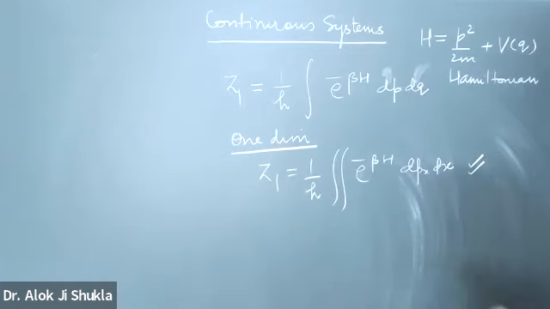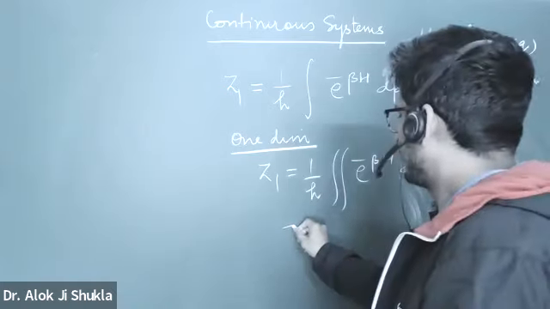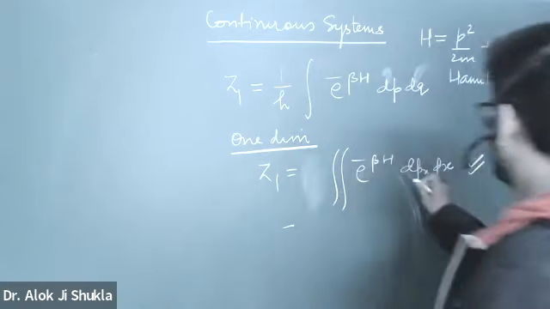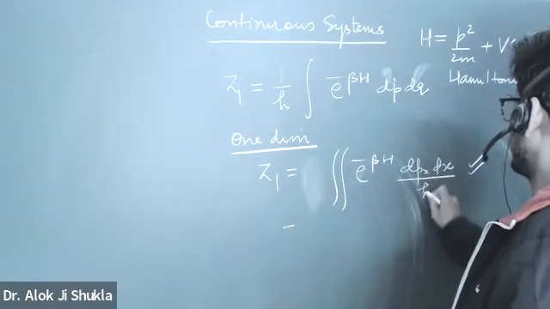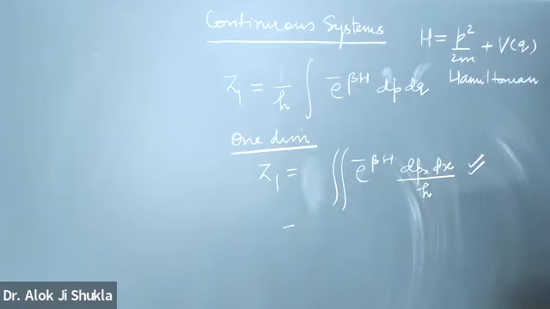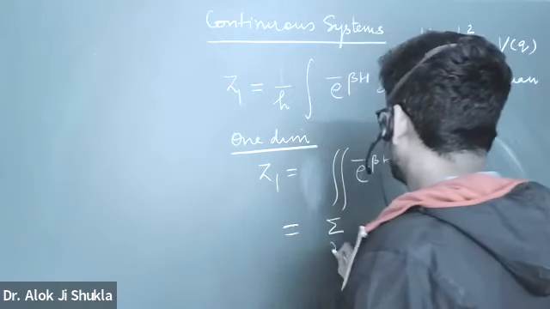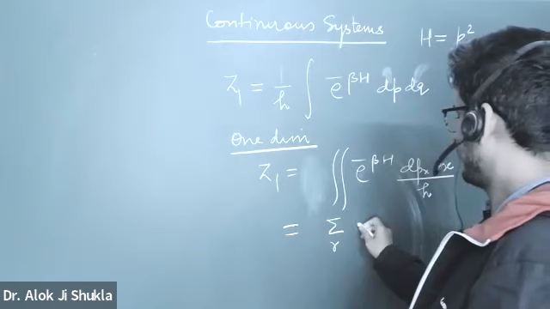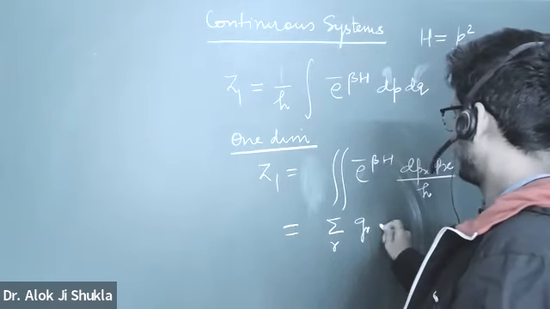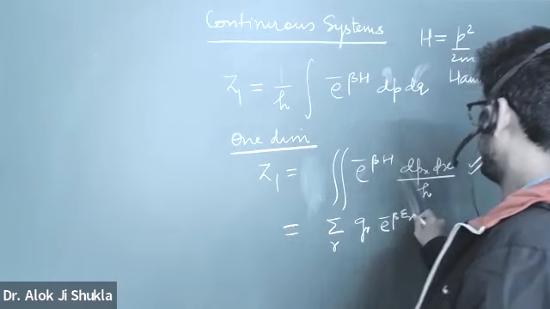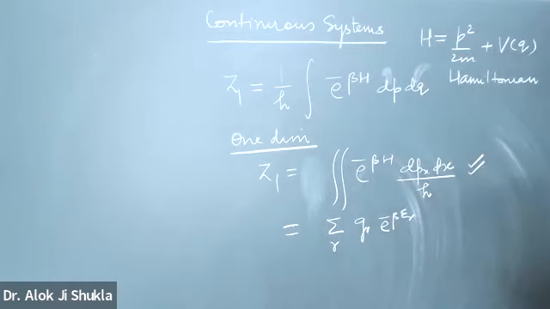So please see, and sometimes just to remind, I write it like this, dpx dx by h. So just to correlate with the summation, what you had, summation r gr e to the power minus beta er, right?